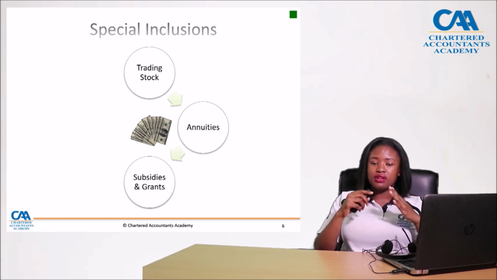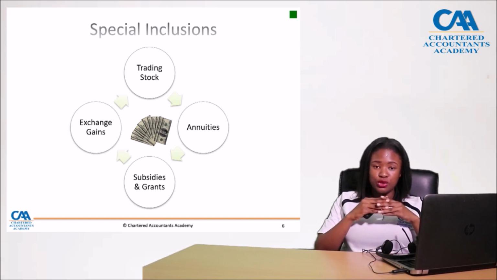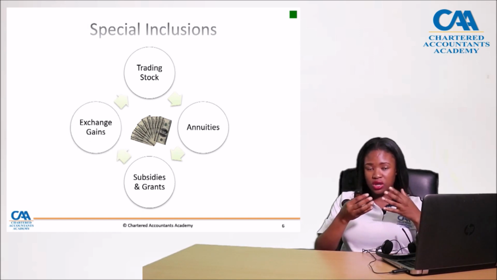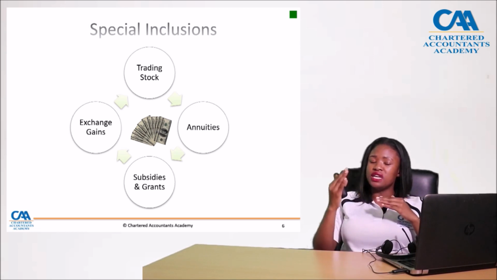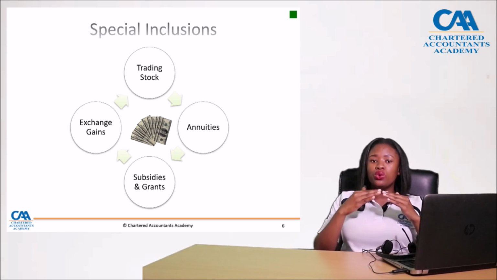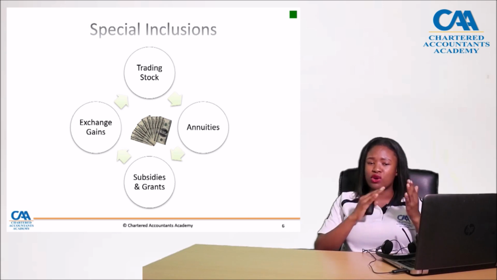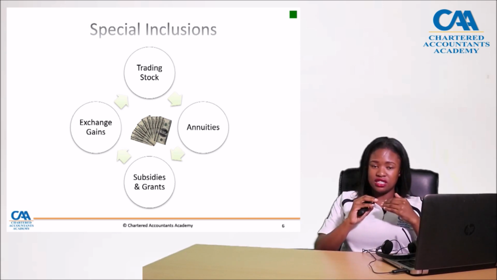So if there are certain exchange gains which happen previously, before the introduction of the bond note, when it was just mainly the US dollar, if you'd buy something from South Africa or you had a debtor or a creditor there, because of certain moves in exchange rates, you realize that sometimes you have an exchange gain, not because the person is going to pay you more or whatever, but because the exchange rate has just shifted.